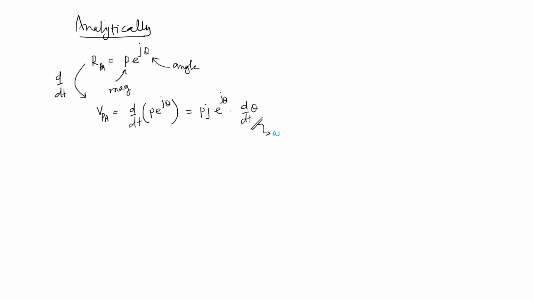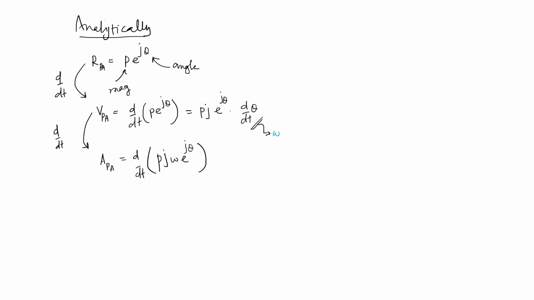And now when we take the time derivative once again of this whole expression, we are going to find the acceleration of point P with respect to A, and that is going to be equal to d by dt of this expression, P j omega e raised to power j theta.